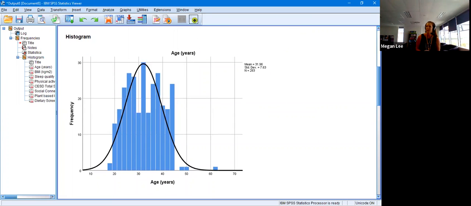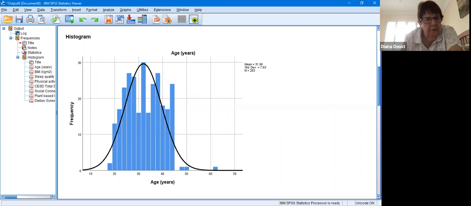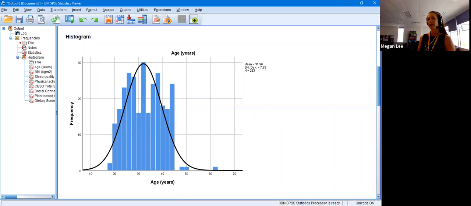So this is our histogram for age. Who can tell me anything interesting about this histogram? What do you think it's telling us? It's fairly normal. It does look normal. However, we have a little bit of an outlier. Can we see the little blue box over behind 60?